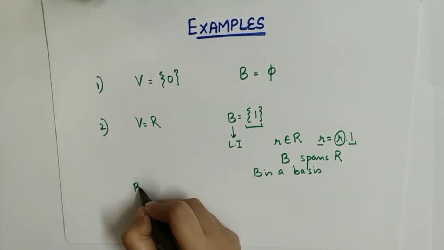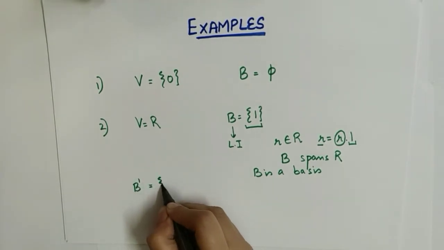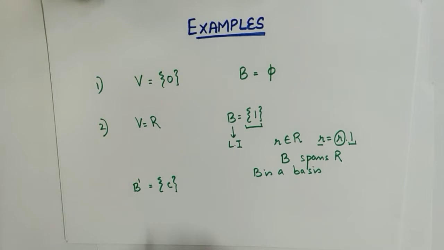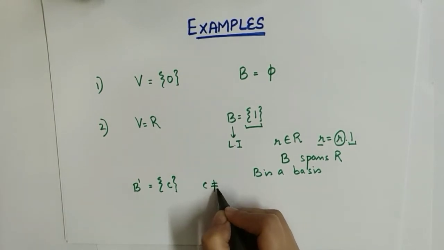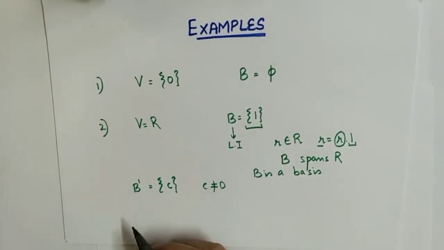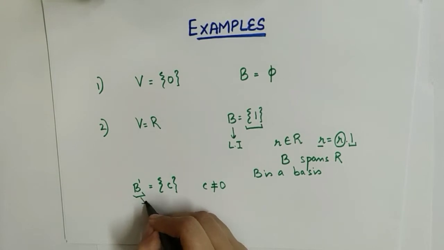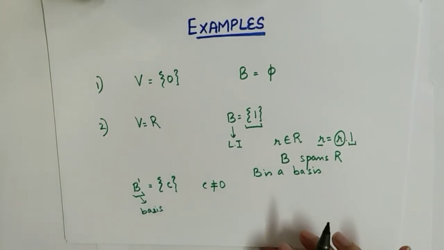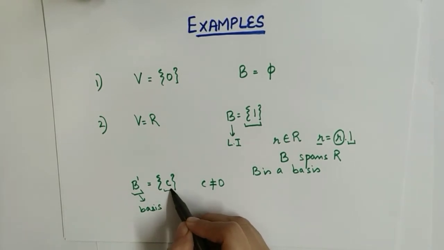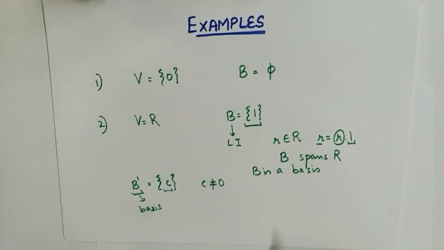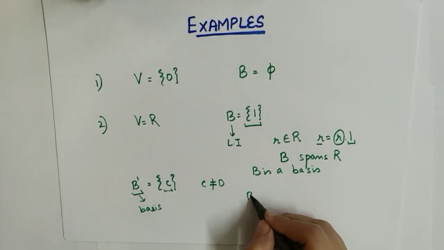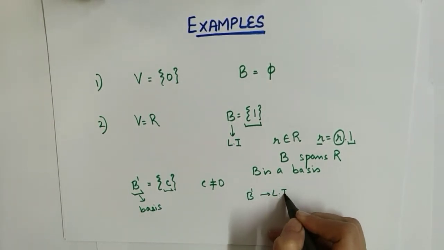Also, if we take B dash, which is singleton c, where c is any non-zero scalar, then B dash is also a basis for V. Since a singleton set containing a non-zero vector is linearly independent, again B dash is linearly independent.